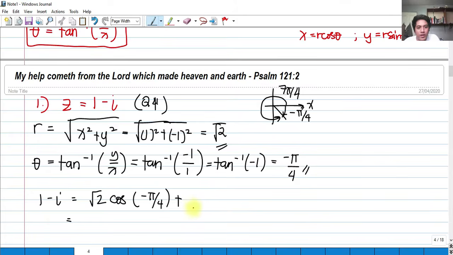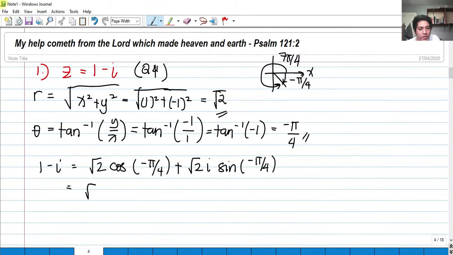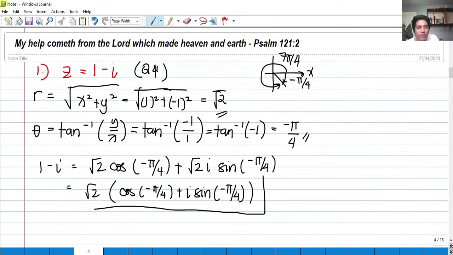We can factor out square root of 2 because it's common. So we have square root of 2 times cosine of negative pi over 4 plus i sine of negative pi over 4. This is our polar form for number 1.